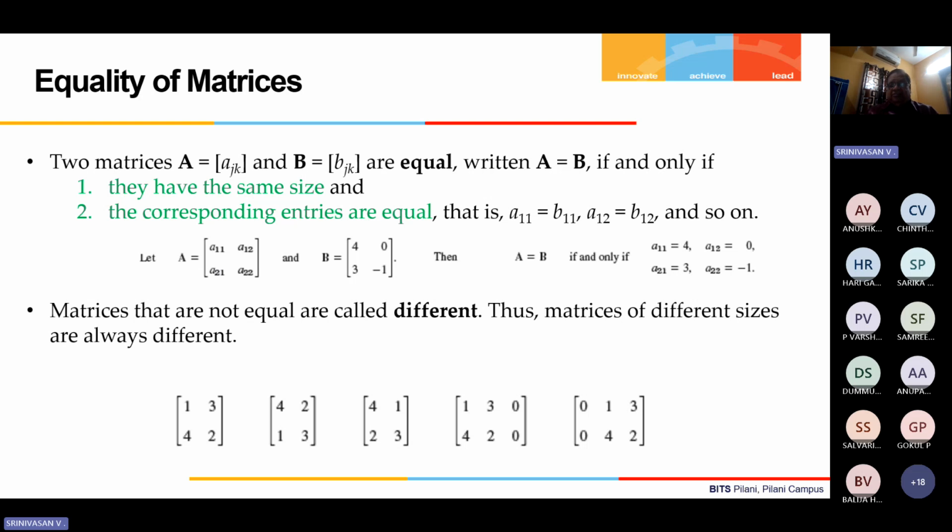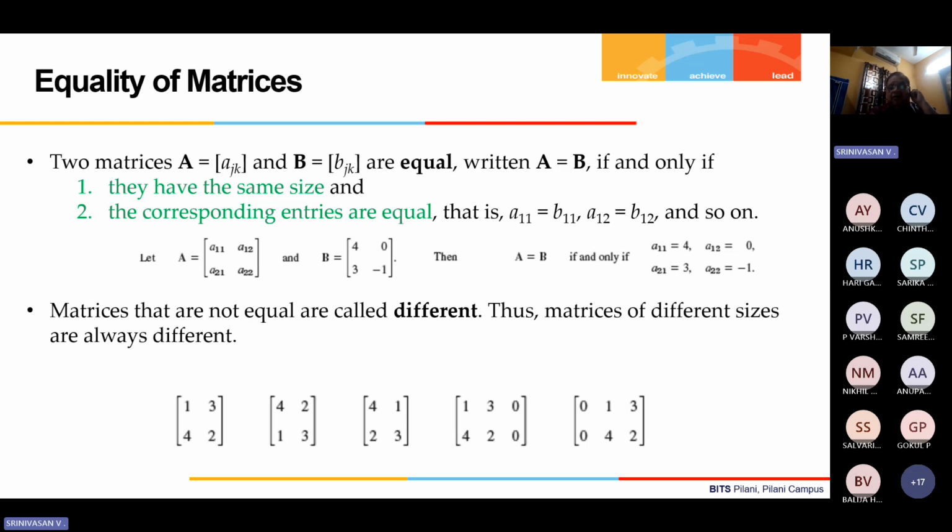Here is a square matrix with elements A11, A12, A21, A22, and the B elements are integers. Okay, then A equals B if and only if A11 equals 4, A12 equals 0, A21 equals 3, A22 equals -1. Right. Matrices that are not equal are called different matrices.